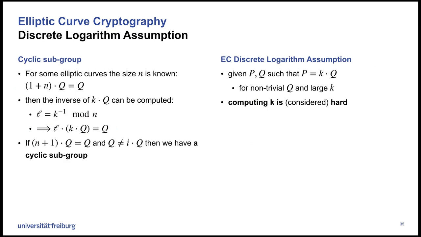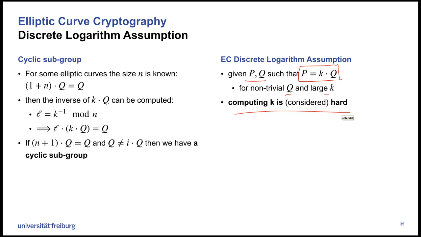So what is the complicated thing? If you give P and Q, it's hard to tell which k produces the P. If P equals k times Q, for non-trivial Q and large k, computing k is hard. That is the elliptic curve discrete logarithm assumption, which is confusing because there is no logarithm.